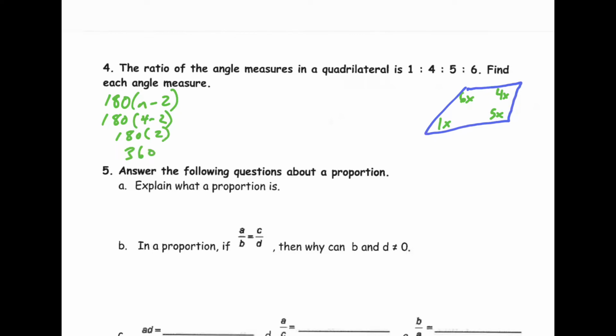So I know that I can add up the proportion to be 1x plus 4x plus 5x plus 6x is equal to 360. I then can combine like terms to get 5 plus 5 is 10 plus 6 is 16. So 16x equals 360. And then divide by 16 to get 22.5.